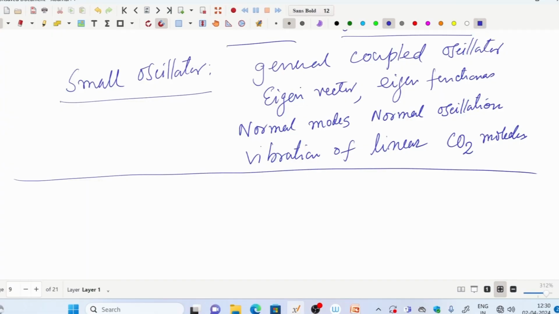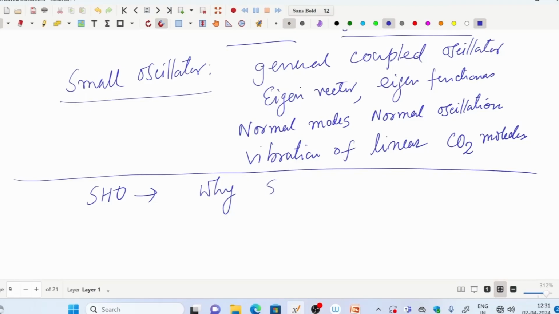So, before we begin, let us mention why we are studying small oscillation, or rather, all the time we talk about the simple harmonic oscillator. Why? My question is: why is the simple harmonic oscillator so important in physics?